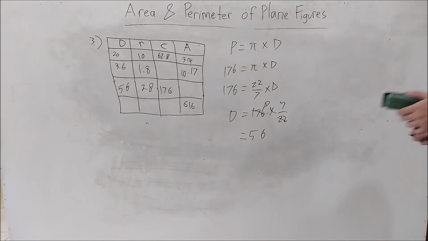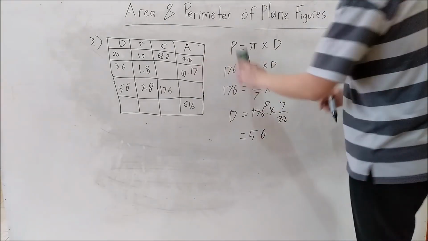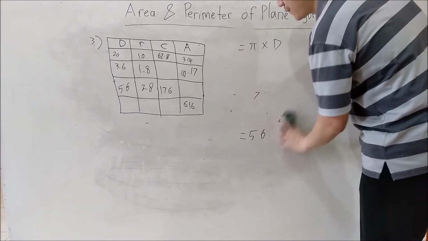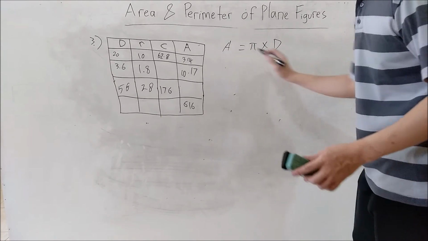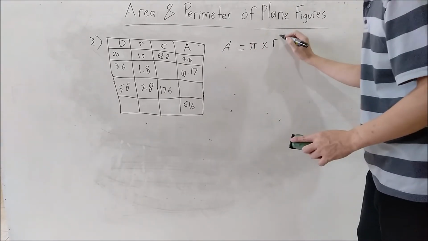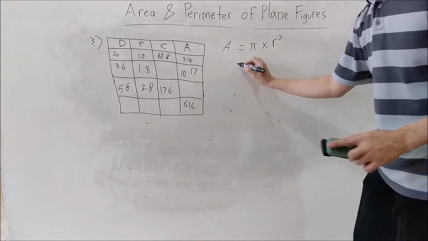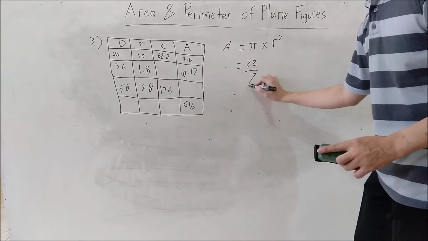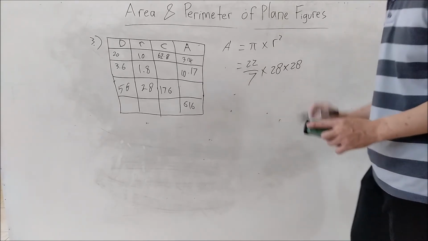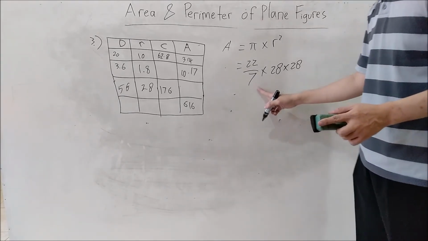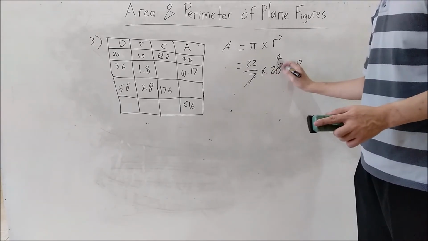Okay, and then after that, how do you get the area? The same with the one above. You will just do area as pi times r square. And then you will do 22 over 7 times 28 times 28. Why do I choose 22 over 7? Because I can do this.